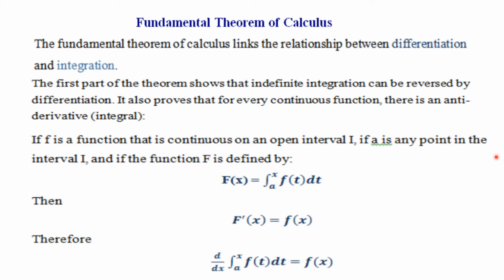So if f is a function that is continuous on an open interval I, and if a is any point in the interval I, and if the function F is defined by F of x equals the integral from a to x of f of t dt, then F prime of x is equal to f of x. Therefore, the derivative of the integral of f of t dt from a to x is equal to f of x.